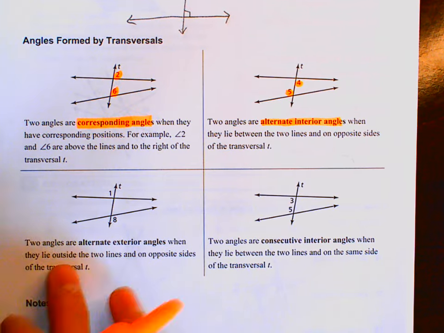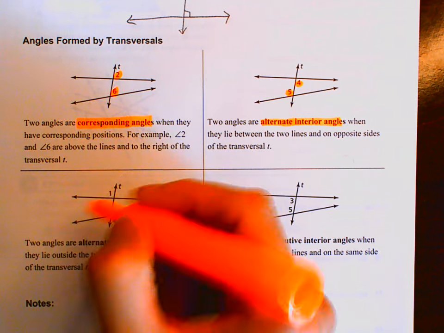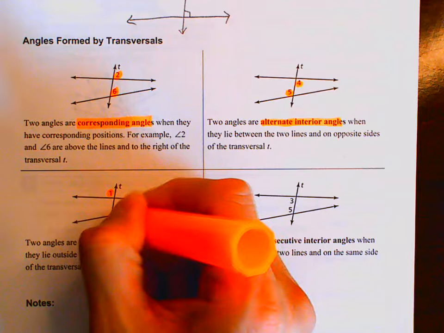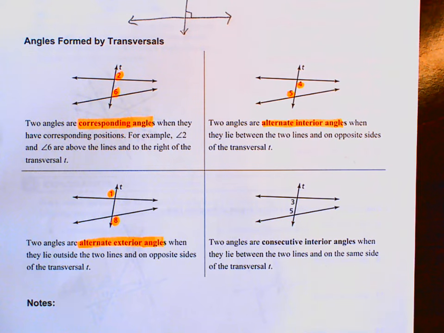For this one, we have alternate exterior angles. They are on opposite sides of the transversal, and they are on the exterior.